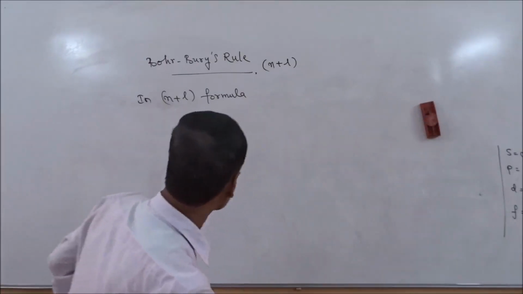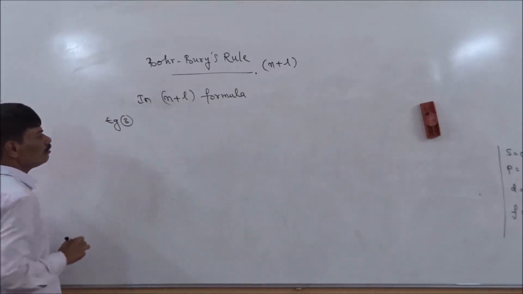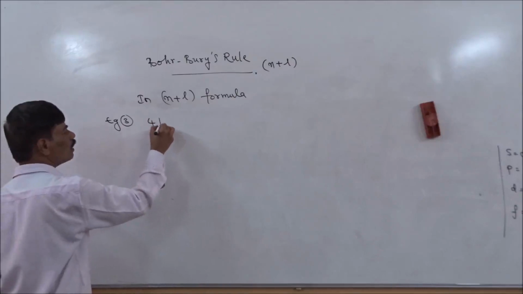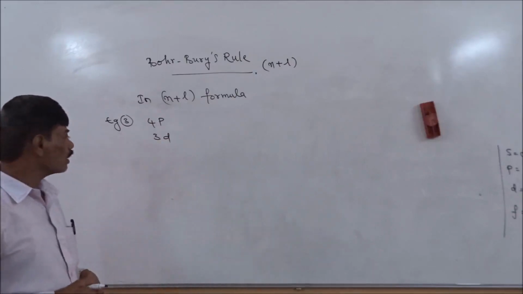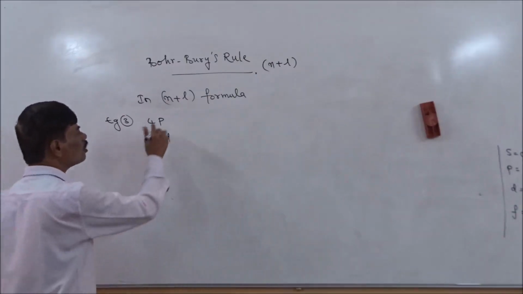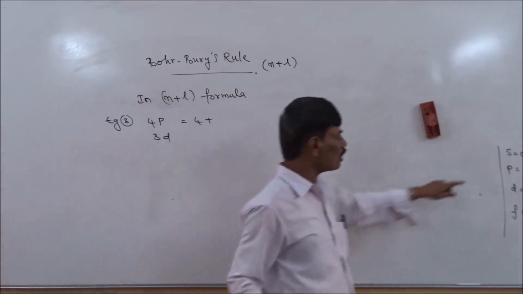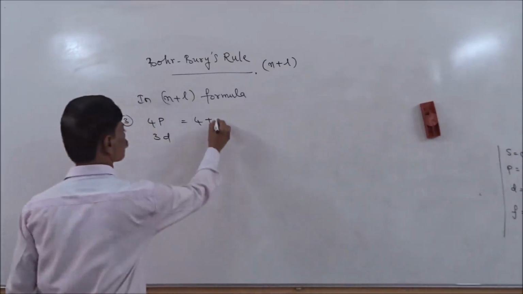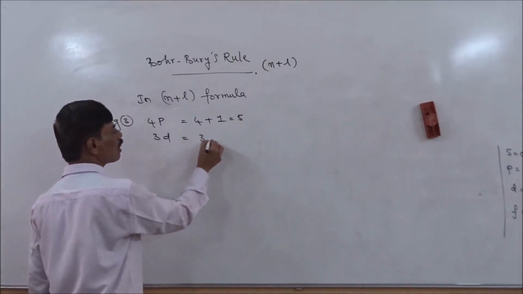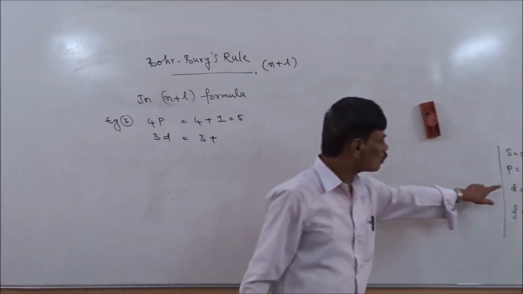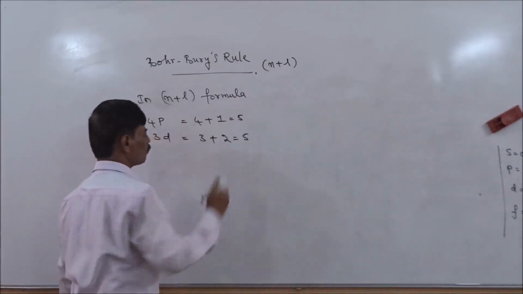That is example 3. In this example 3, we are going to take 4p and 3d. According to Bohr-Bury's rule, the 4p energy value is 4 plus the p value, which is 1, so it is 5. Now 3d means 3 plus the d value, 2, so it is 5.